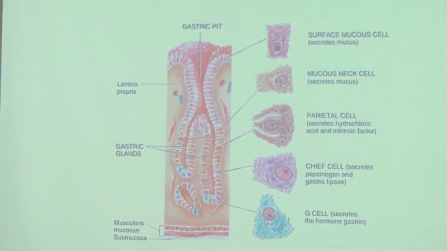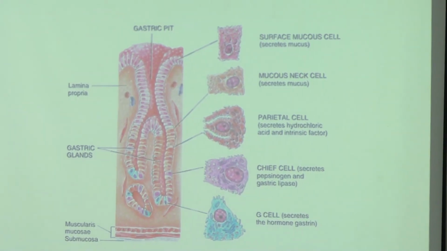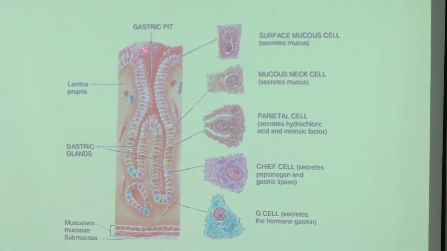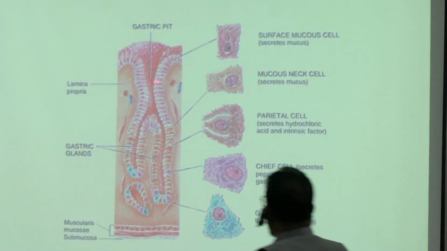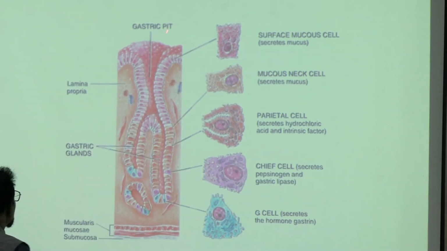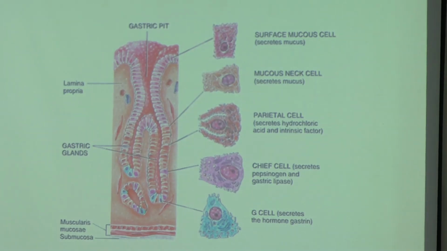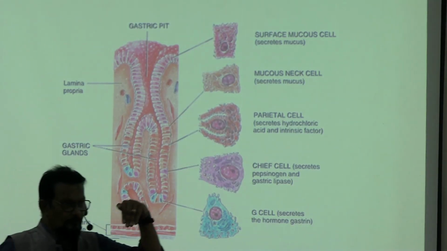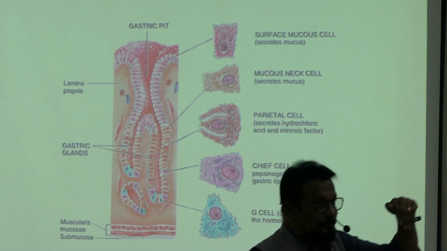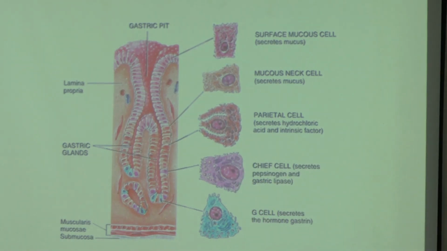One more important thing is, if you go through from here to here, when you are approaching from the lumen side to the inner side, you will find the alkalinity is gradually decreasing.